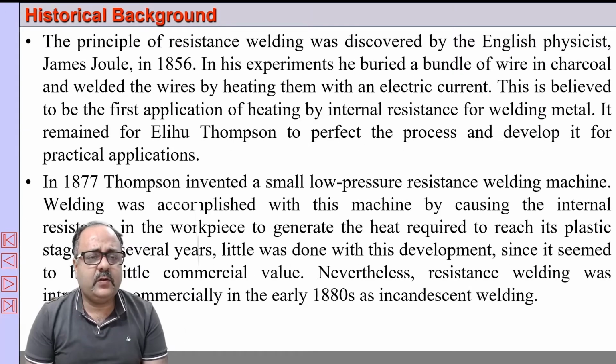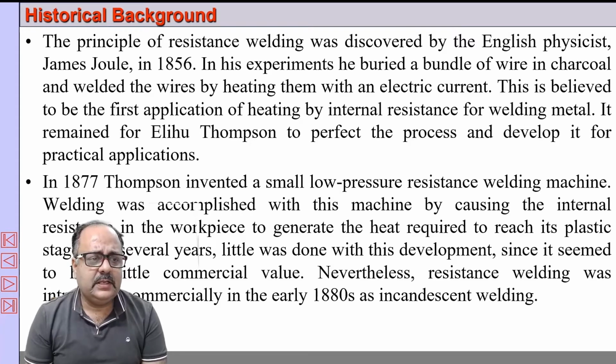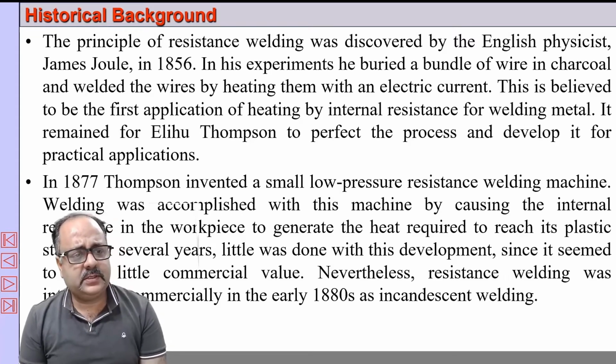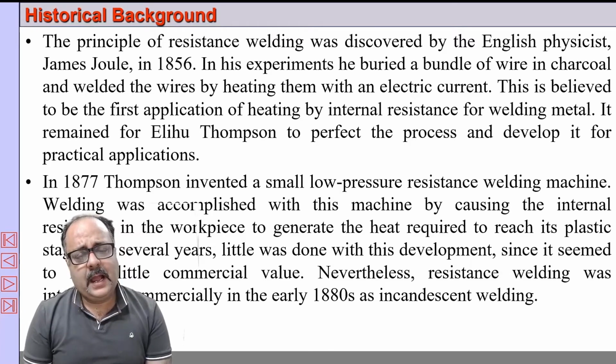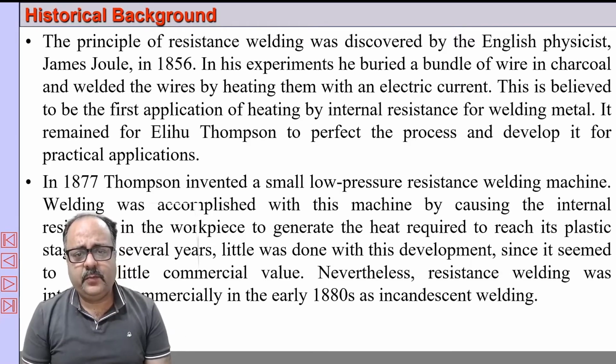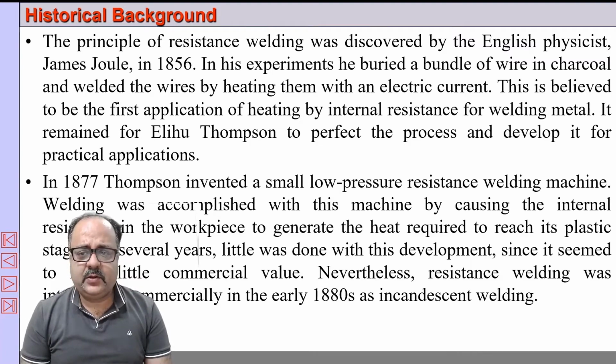Before I go into discussing the working principle, a little bit of background. It was basically invented by Elihu Thomson, around 1877, and he invented a small low pressure resistance welding machine. Welding was accomplished by this machine by causing an internal resistance in the workpiece to generate the heat.